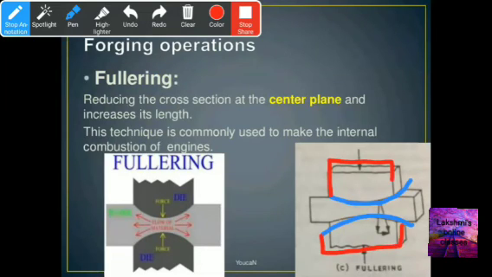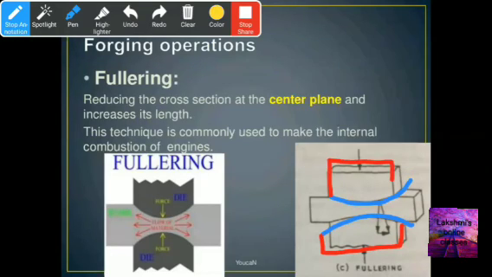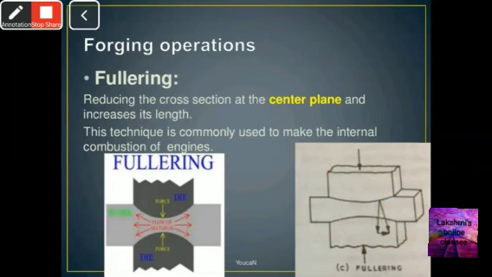All right, the workpiece is like this, and therefore its shape may be changed in this way. It's like a changeover, right? We call this fullering. This technique is commonly used to make internal combustion engine parts, right?